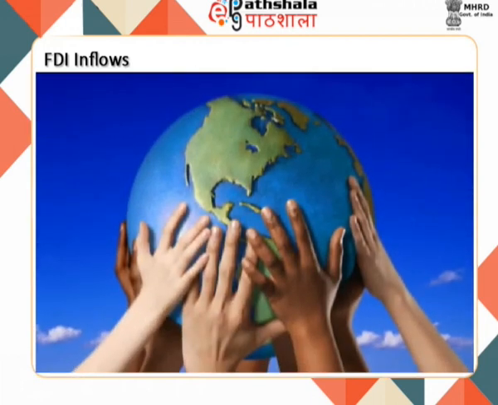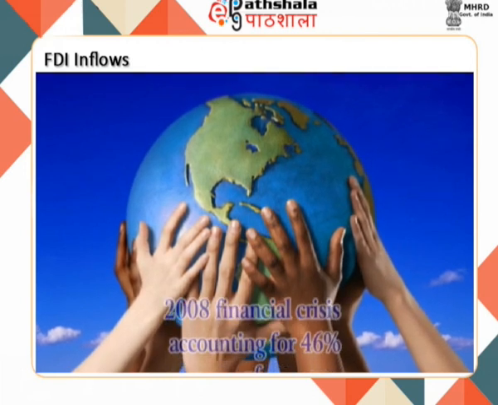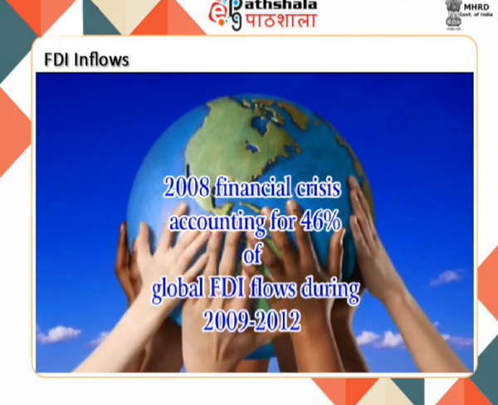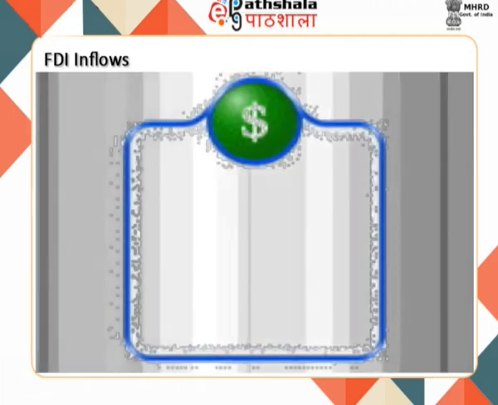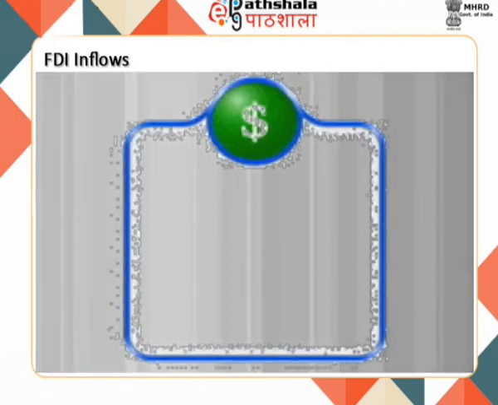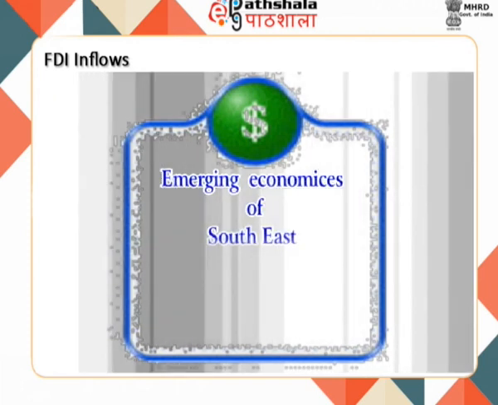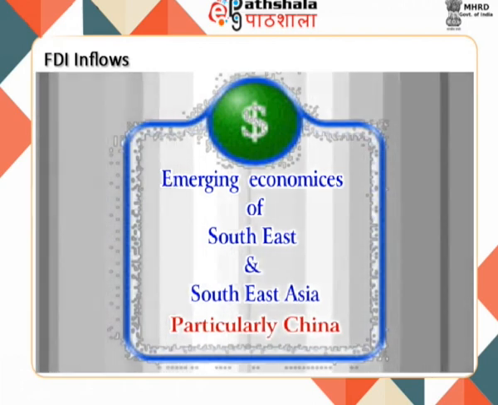Developing economies' share in global FDI has increased remarkably after the 2008 financial crisis, accounting for 46% of global FDI flows during 2009 to 2012. Most inflows into the developing nations have been targeted at the emerging economies of South, East, and Southeast Asia, particularly China.